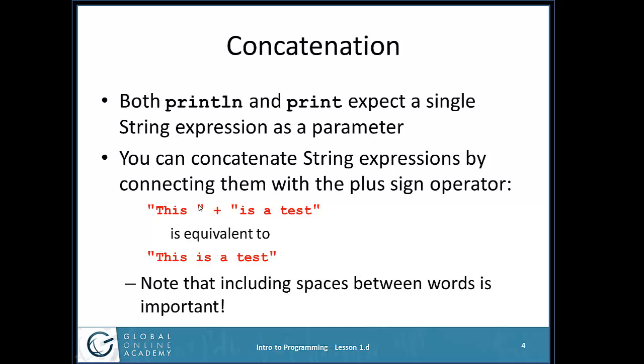So if I take the string constant "this " plus "is a test", that's the exact same thing as if I put "this is a test" all within double quotes. Note, including spaces between words is important. If I didn't put this space right here after the word this, when I concatenate them, I'm going to get "thisis" all as one word instead of with a space in between them.